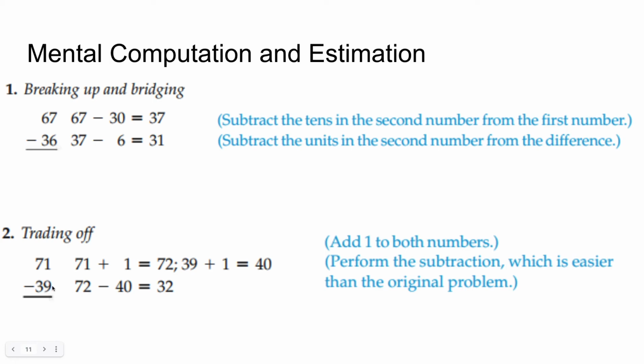So we can change this to 40 by adding 1 to the minuend. Then you need to add exactly the same number on the subtrahend. That's because of the minus here, right? The minus makes that plus 1 into minus, so it's balancing out. All right, so we can do 72 minus 40, which is 32.